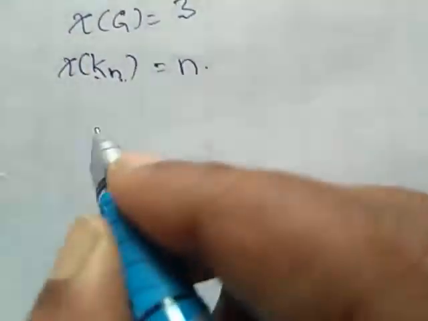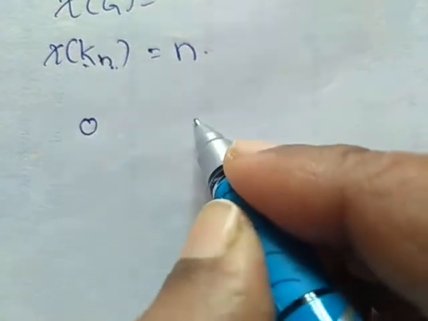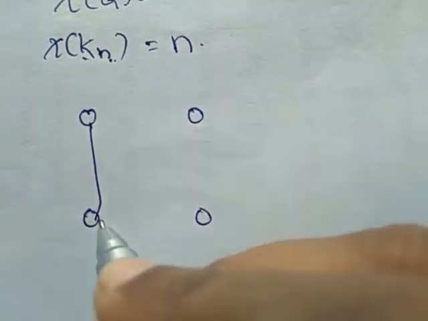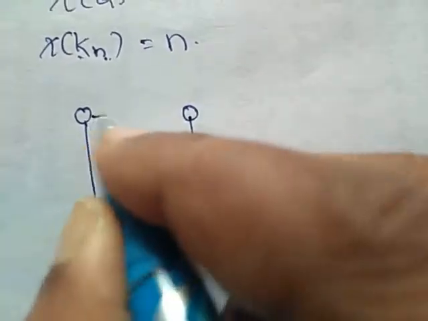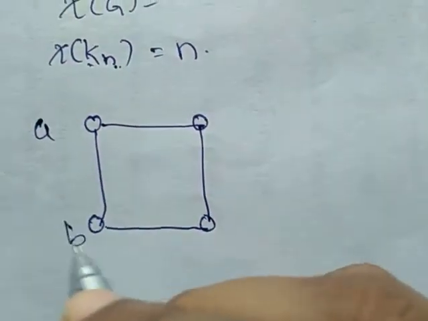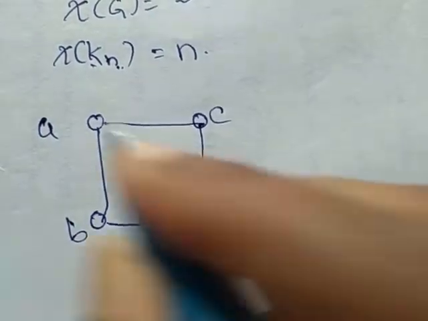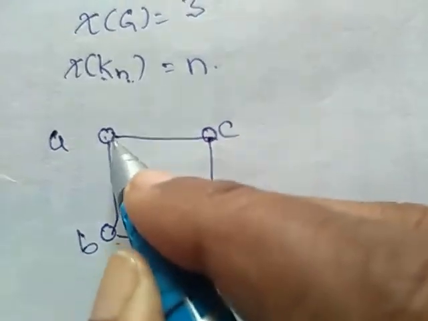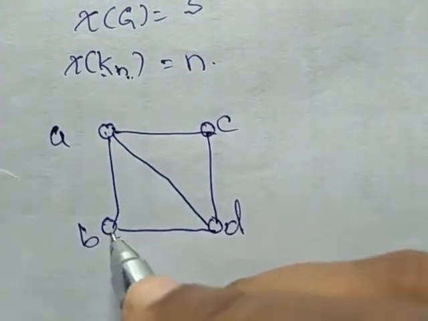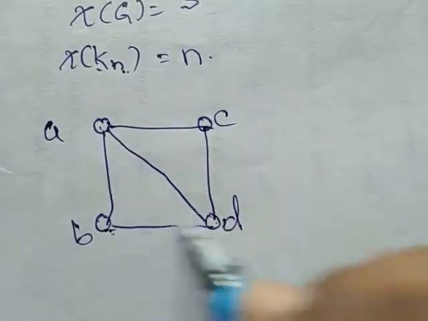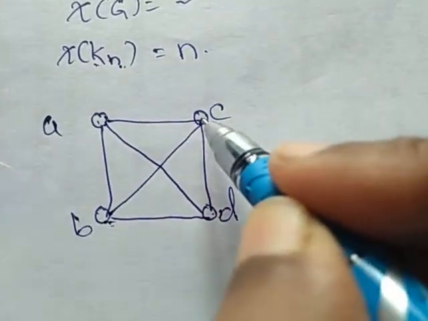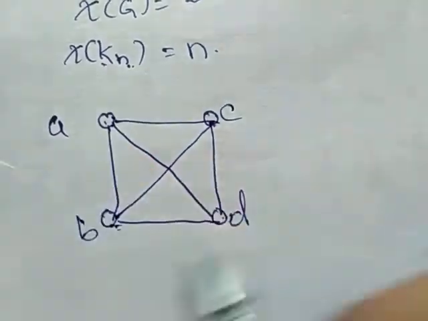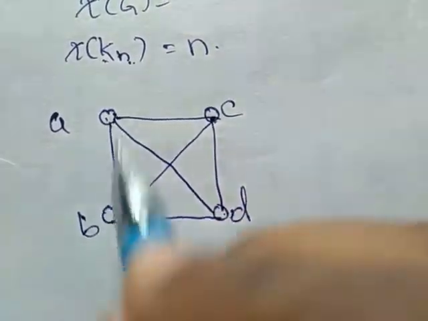Suppose I consider some other example. A is connected to C, A is connected to B, A is connected to D. B is connected to A, B is connected to D, B is connected to C. Now C is connected to all other vertices, D is also connected to all other vertices. 4 vertices and each of degree 3.